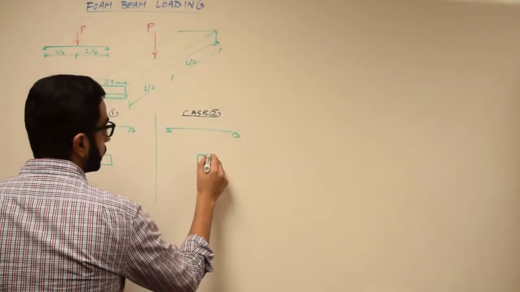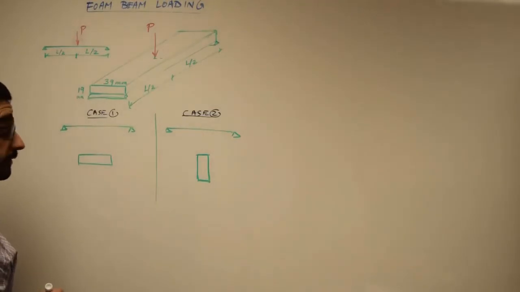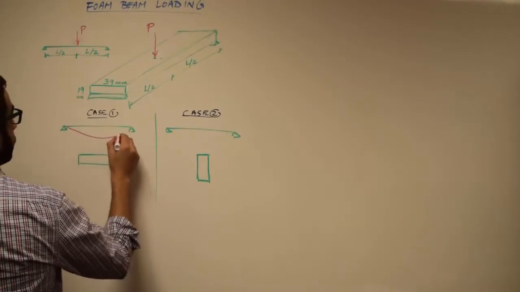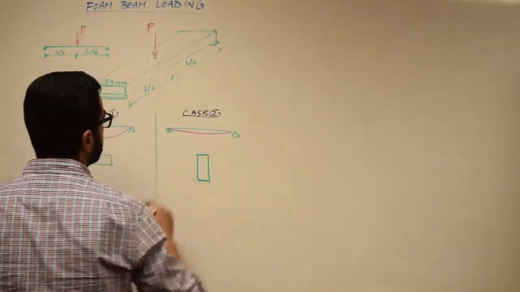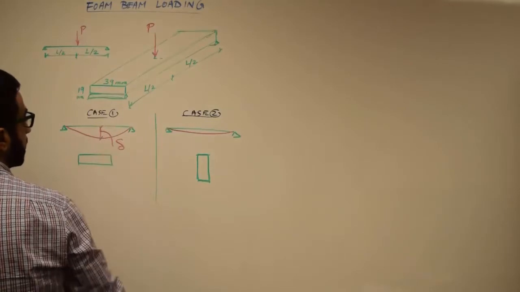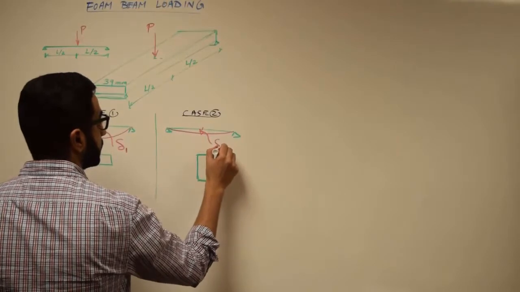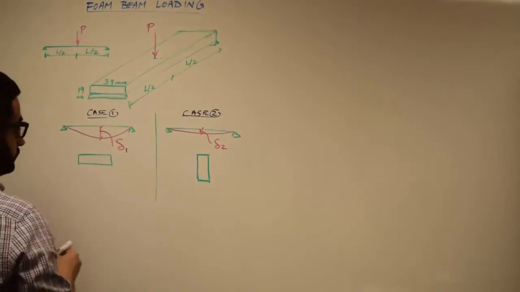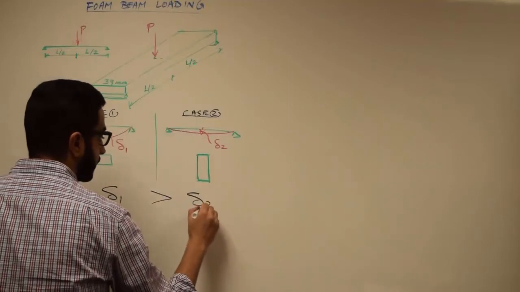In the other case, the cross section was flipped, rotated 90 degrees. So the deformation we found in case 1 is this much. In case 2 it deformed but much less. I will call the deformation at mid span delta. So this is case 1, delta 1. This is case 2, delta 2. And we found that delta 1 is more than delta 2.